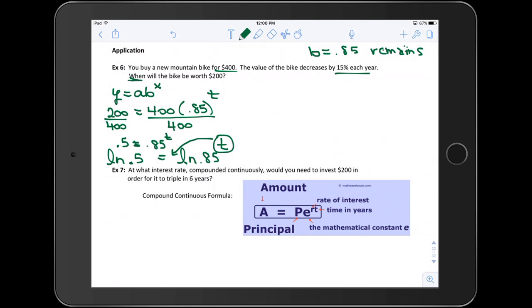So t times the natural log of 0.85 is equal to the natural log of 0.5, so t is the natural log of 0.5 divided by the natural log of 0.85. When you solve that, you'll end up with t equal to 4.27 years.